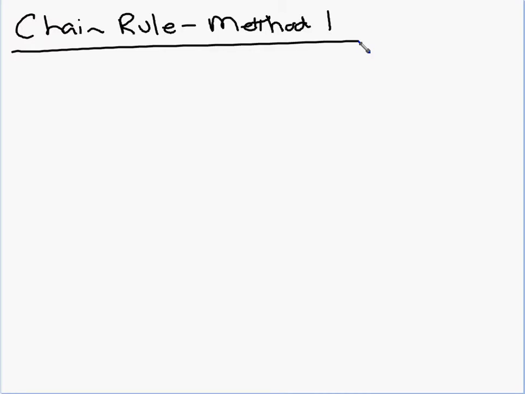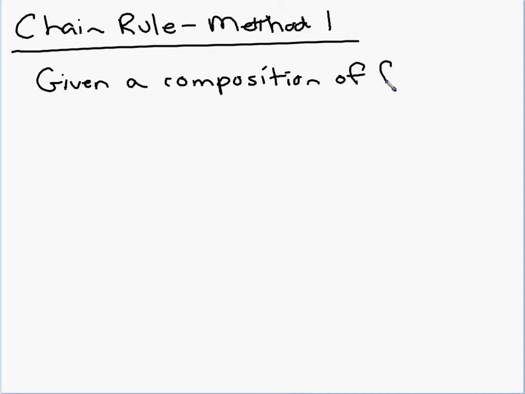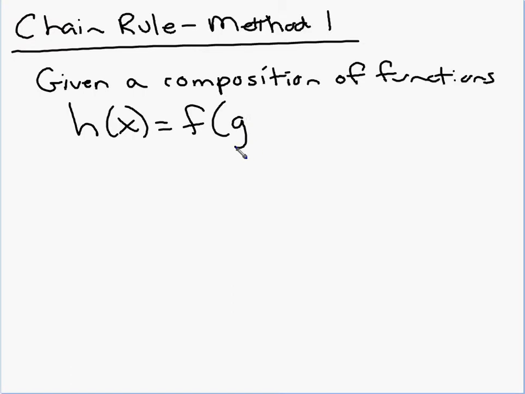And you'll find out why I'm calling it method 1 later. All right? So, if I am given a composition of functions h of x equal to f of g of x. Okay?